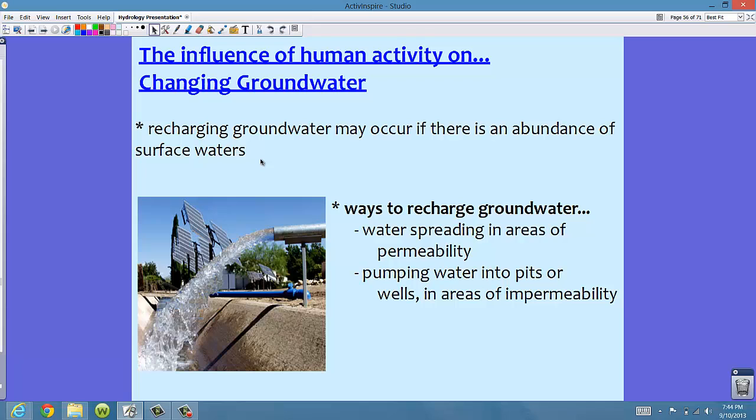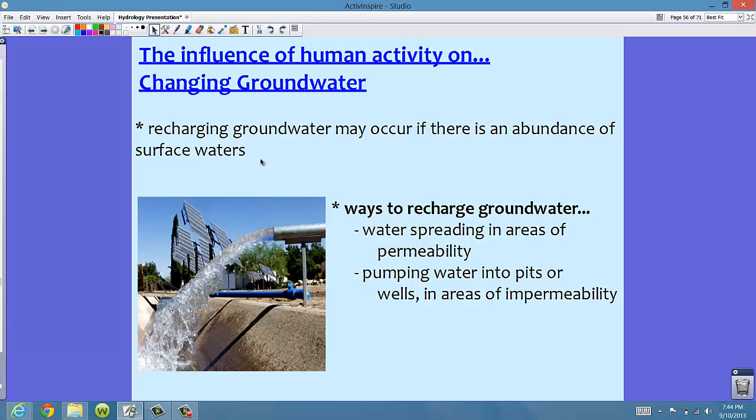These are just a couple of ways to recharge groundwater, like I mentioned, by pumping water into pits or wells in these areas of impermeability. If you have a large area of concrete jungle, what we can do is pump water into places surrounding this concrete jungle, and that recharges the groundwater in those specific areas. Another thing is called water spreading, and this is in areas of permeability.